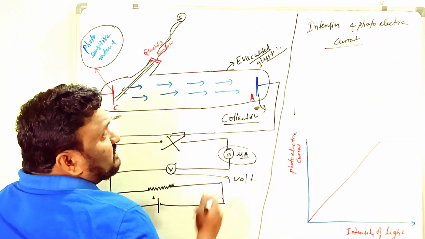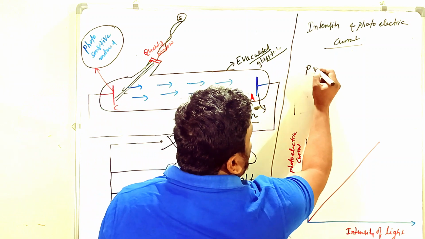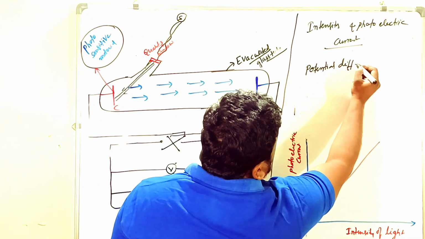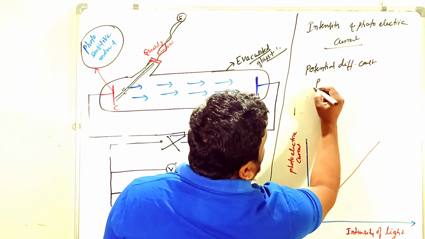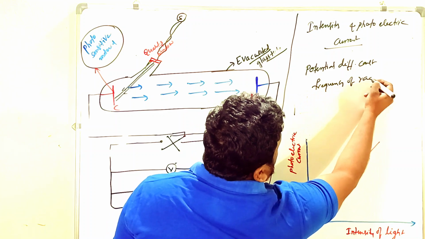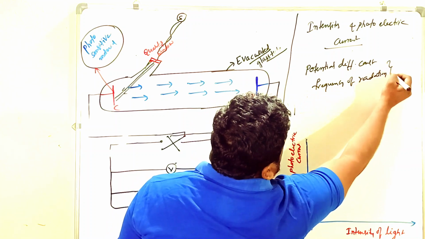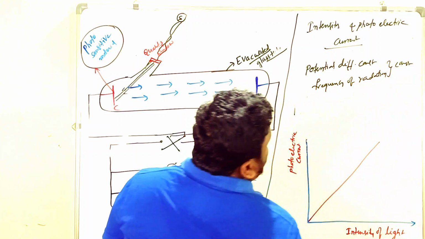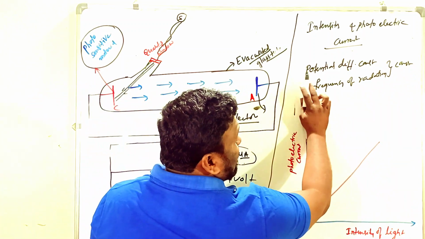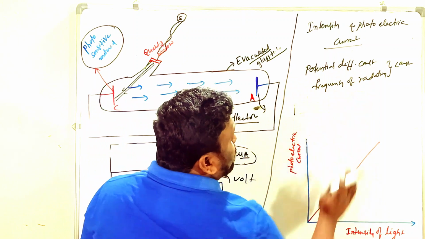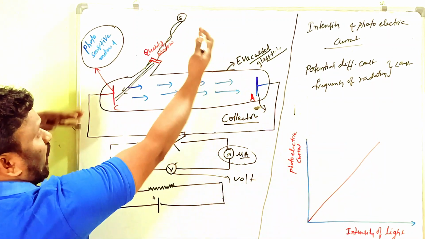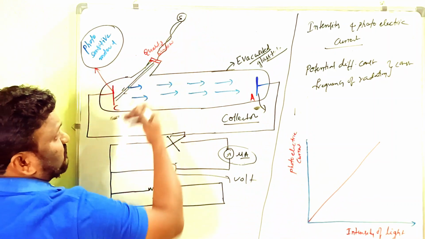To understand that, we have to maintain two things constant: first the potential difference, and second the frequency of radiation. Both must be maintained constant. With these two constant, we then increase the intensity of radiation.